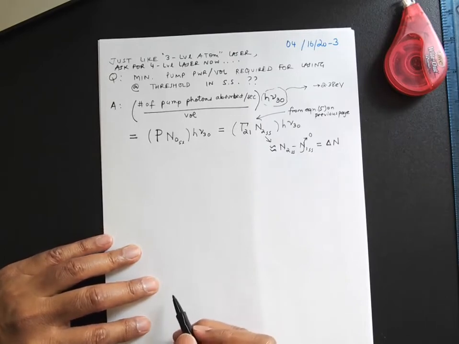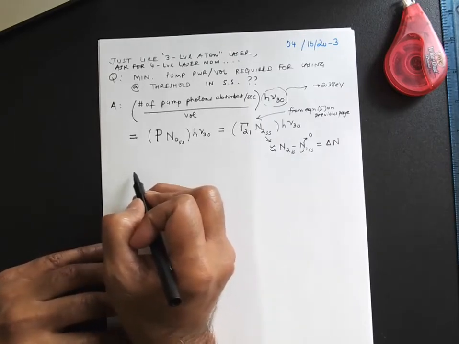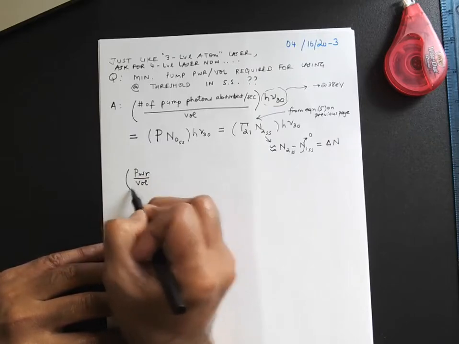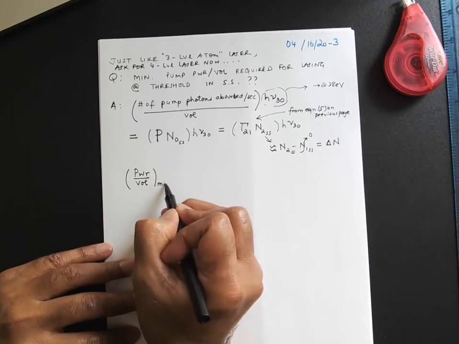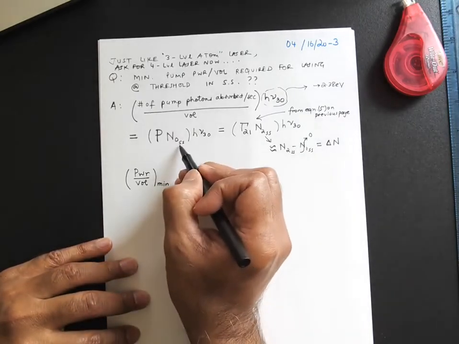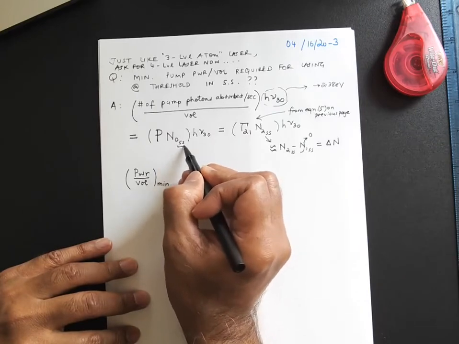And therefore, my answer here is the minimum power per unit volume required.